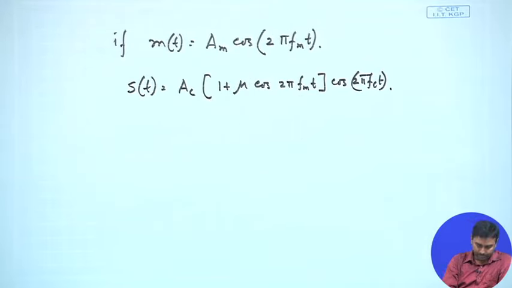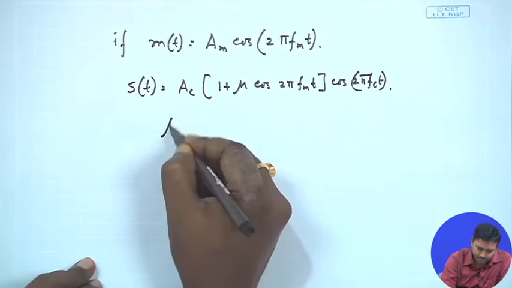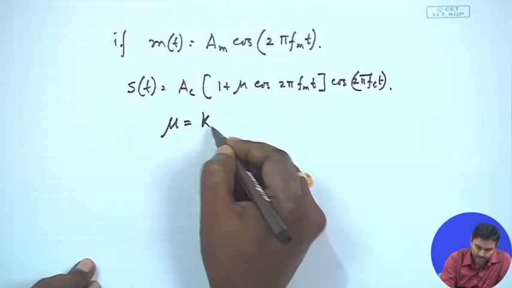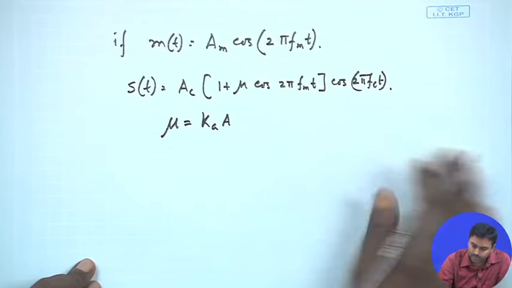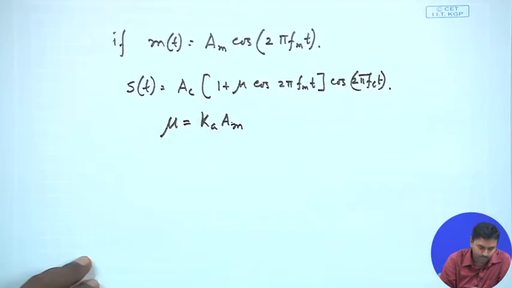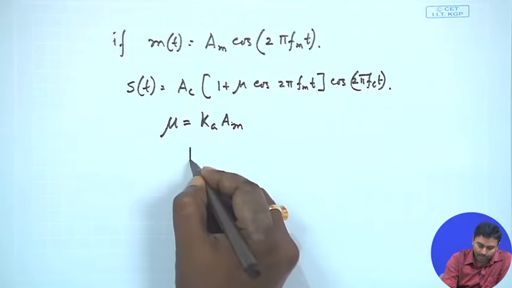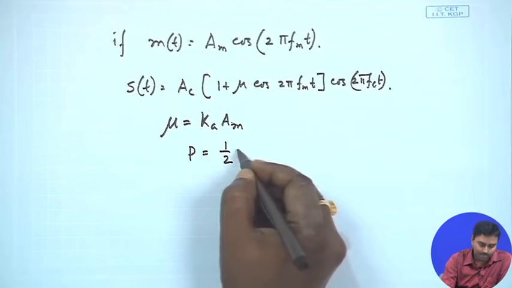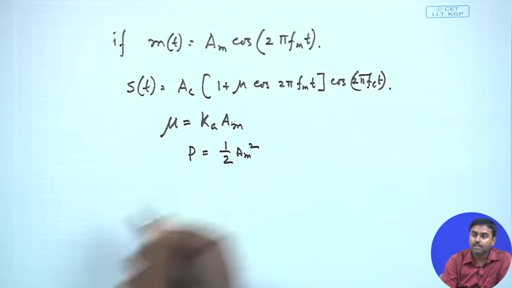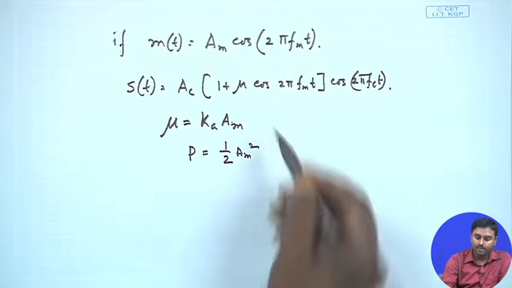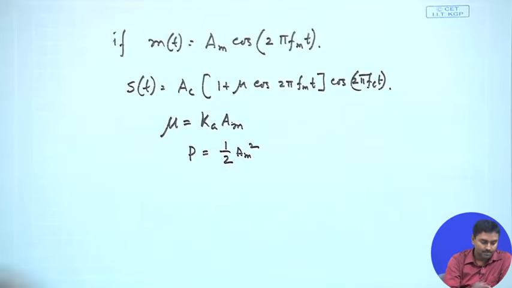Okay. So, if this is the case, what is mu? That is actually K_a into A_m. I can write it this way. And my power is half A_m square because it is a sinusoidal, so the power should be amplitude square divided by 2, right. So, this is my overall power.